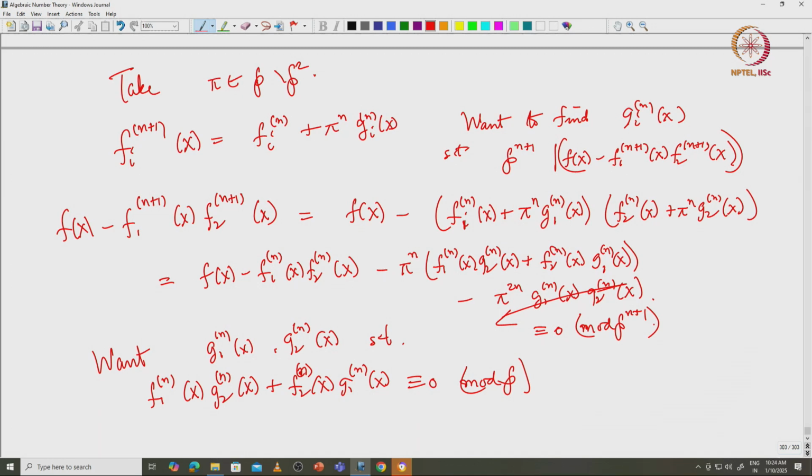But what is f1 and f2 modulo p? This is just phi 1 of x g2 n x plus phi 2 of x g1 n x congruent to 0 mod p.